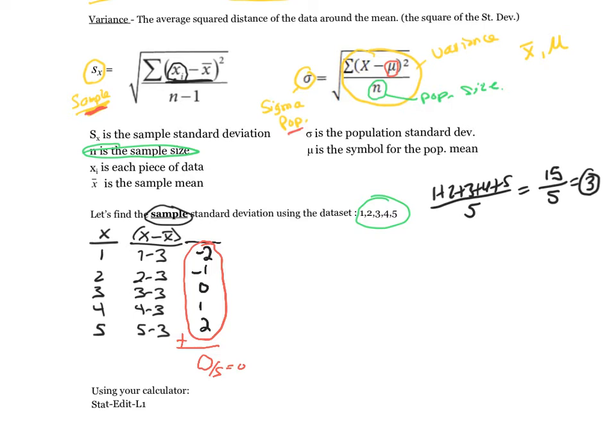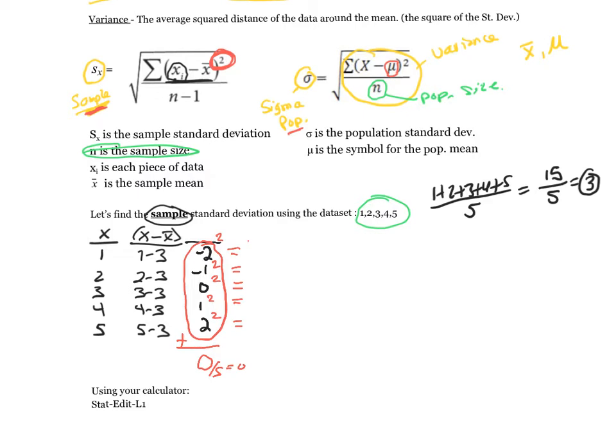So if you go back up to the formula, that's why we do this squared, because squaring takes all of these numbers and makes them positive. So the next step, after I found all the distances, is to square all those distances.